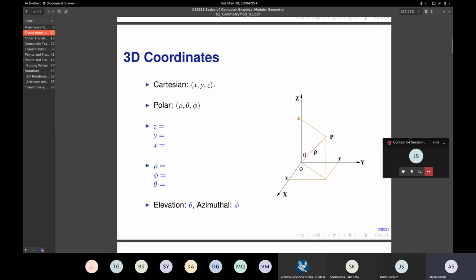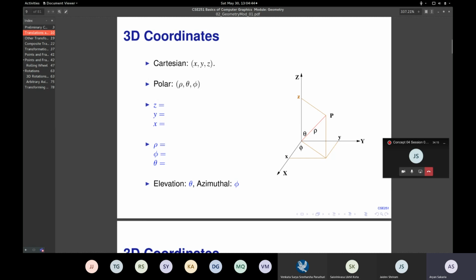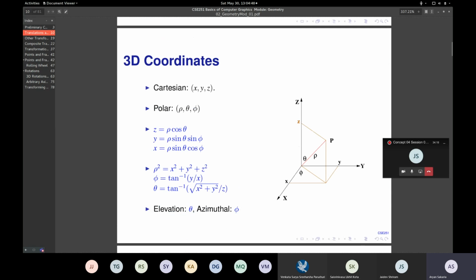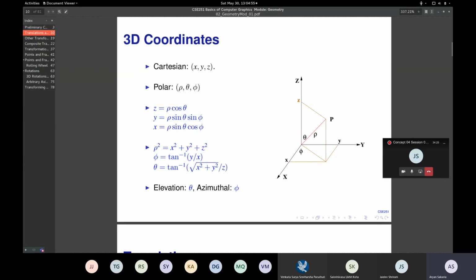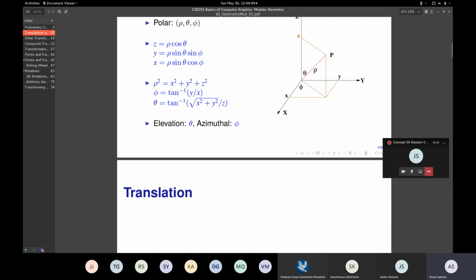This is 2 ways of representing 3D coordinates. Again, it's not really necessary. You have X, Y, Z, and you have polar coordinates with some length as well. You can work out the math, and there's some magic that happens here. There are two ways of representing your points in space. It's not really important.